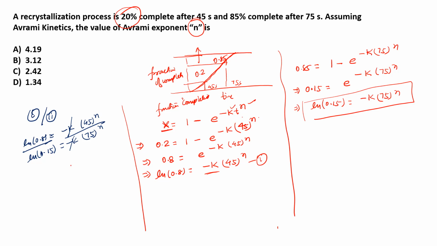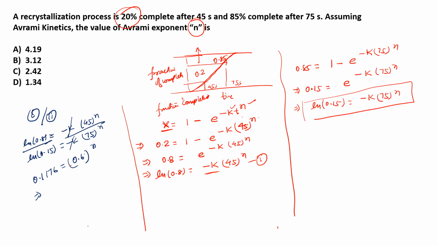You need to take the help of a calculator. ln 0.8 divided by ln 0.15. Find this. It will be 0.1176 is equal to 45 by 75, which is how much? It is 0.6. So it will be 0.6 to the power n.